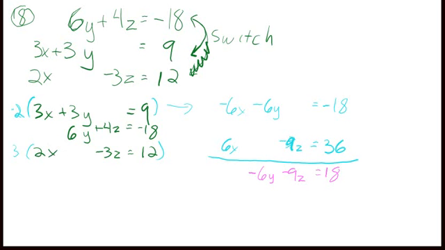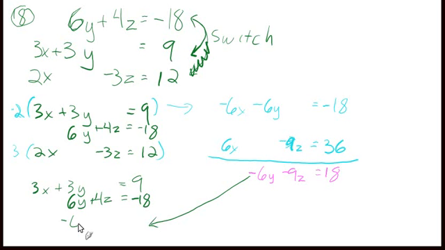Same first one, 3x plus 3y is equal to 9. And don't worry that there's no z here. What we're looking for is this shape over here, that we have a lack of x here, lack of x, lack of y. Okay, 6y plus 4z equals negative 18. And this one is this new one here. Negative 6y minus 9z equals 18.